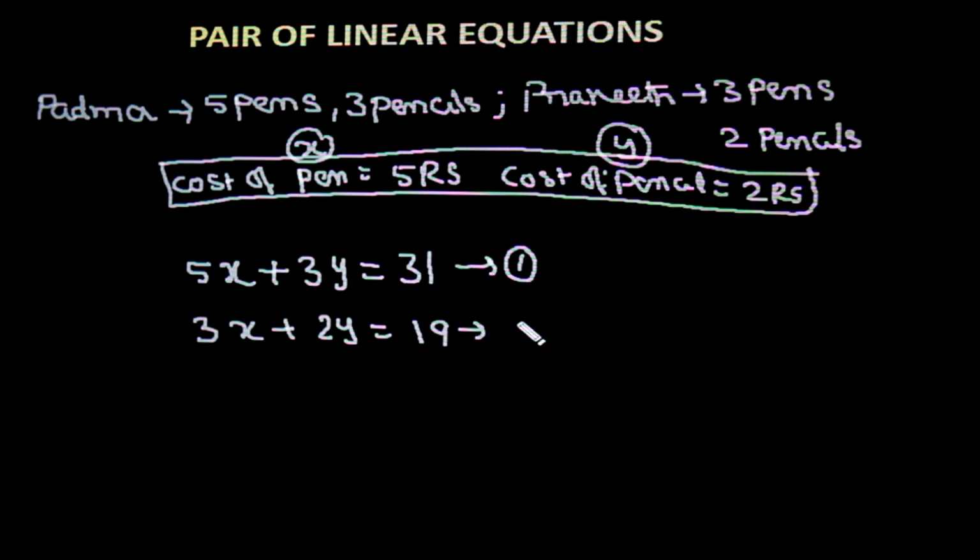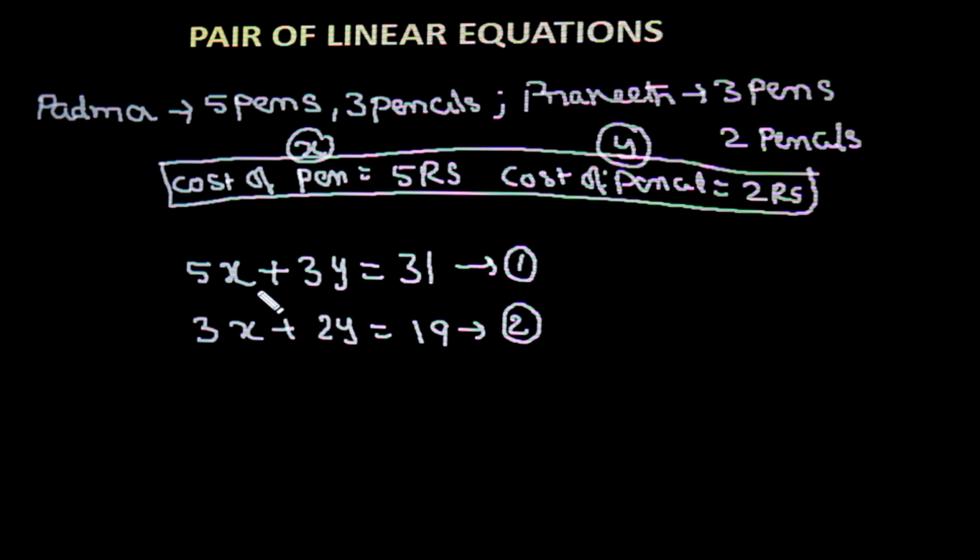This is the second equation given by Praneeth. You have to find the cost of the pen and the cost of the pencil, which they kept secret, using these two equations by the elimination method.